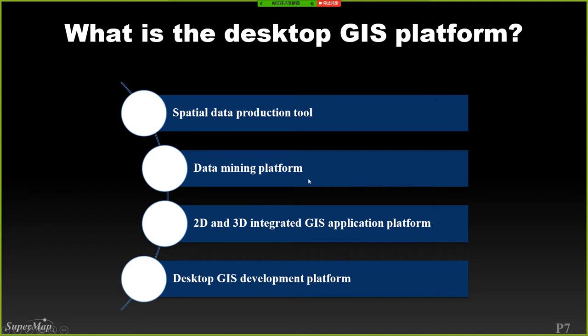Okay, and it can use the two-dimensional and three-dimensional integrated JS application platform. So it's a 2D and 3D integrated platform. Okay, and it's also the desktop JS development platform.